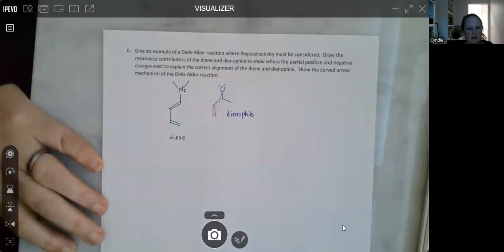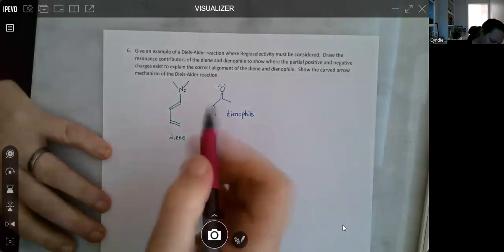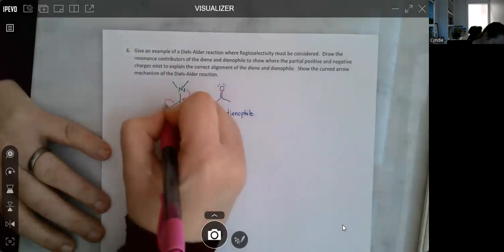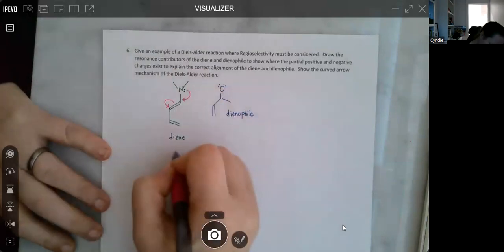So it wants us to show resonance, right? So let's go ahead and do that. So we have an allylic lone pair, so we can draw the allylic lone pair pattern.